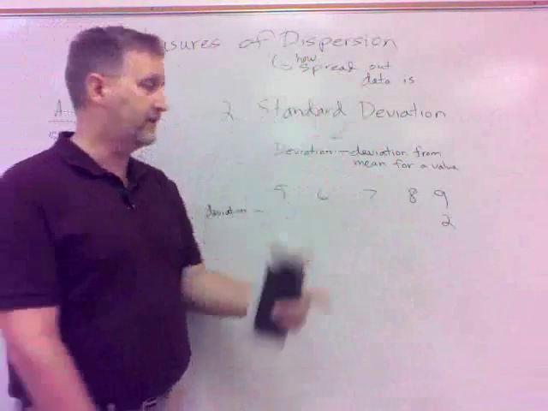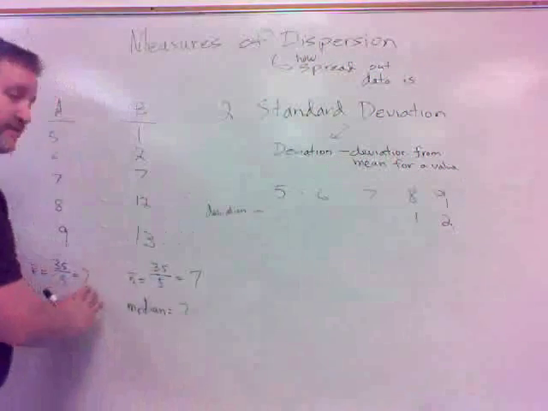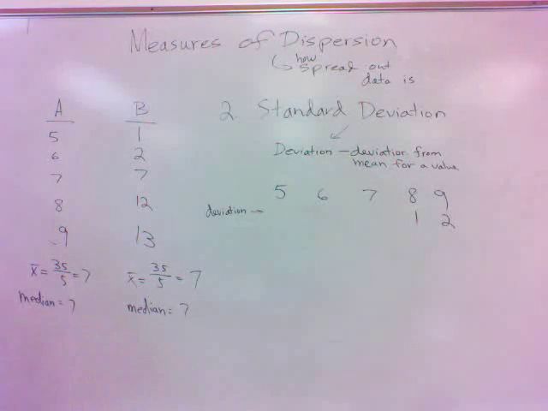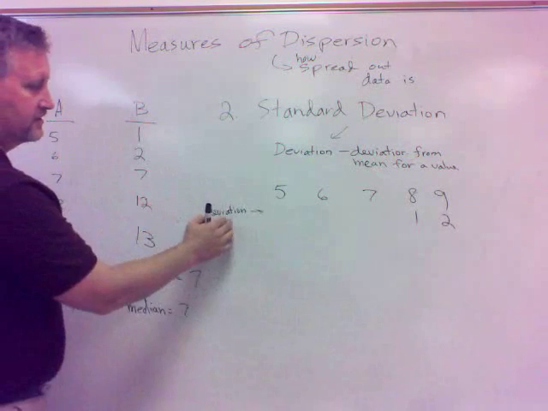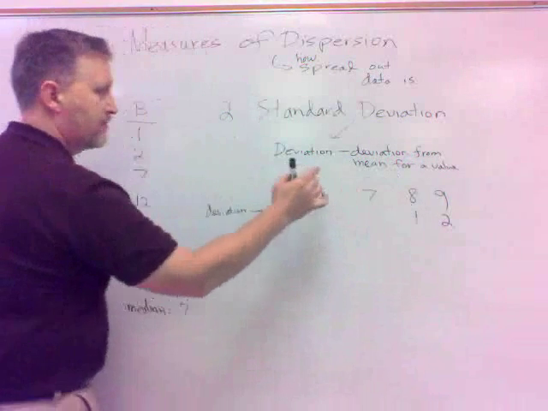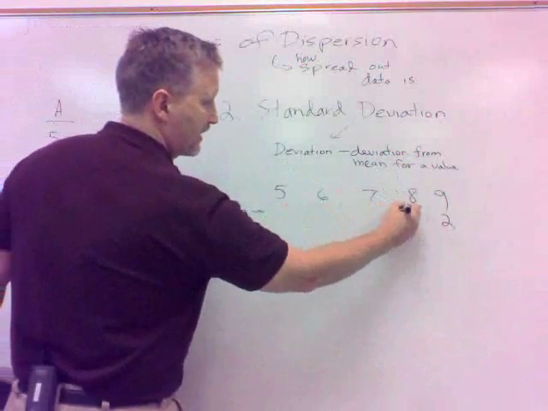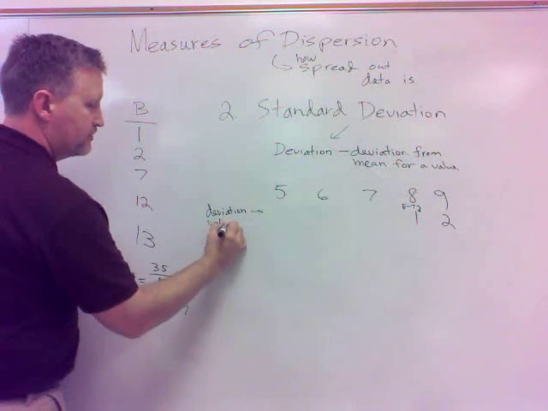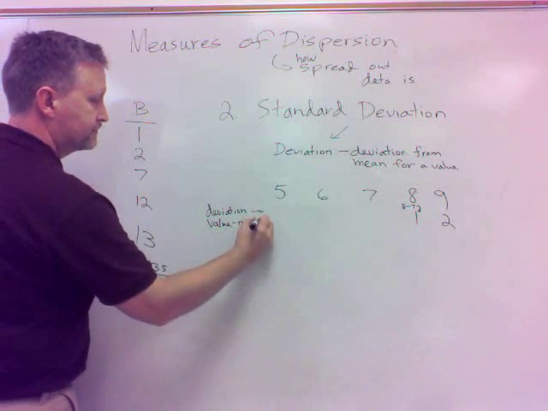It would be 1, because the mean is 7 and 8 is 1 away from the mean. Now, what is the formula for deviation? You just take the value and minus the mean. So I took 8 minus 7. Deviation is value minus the mean.